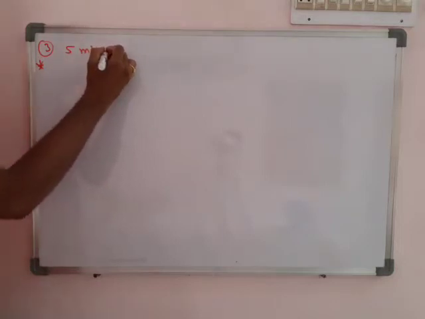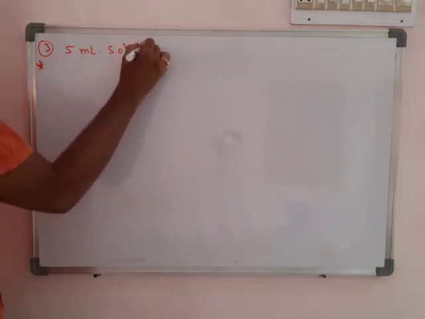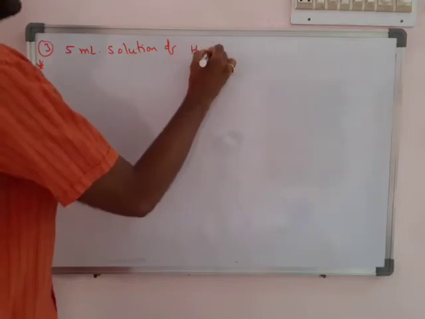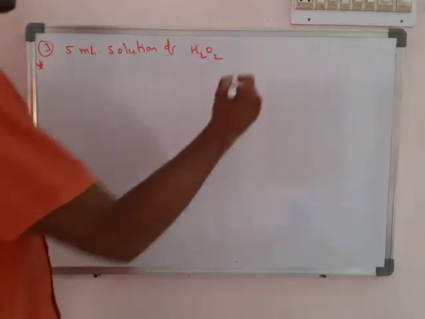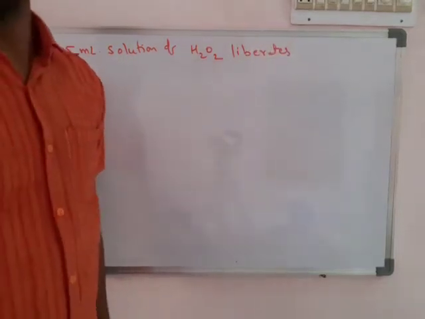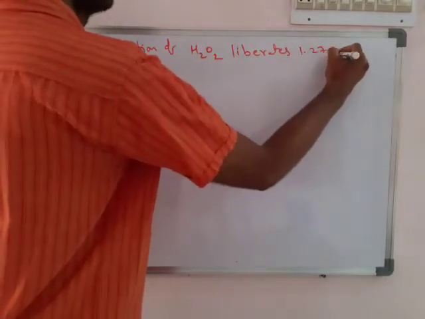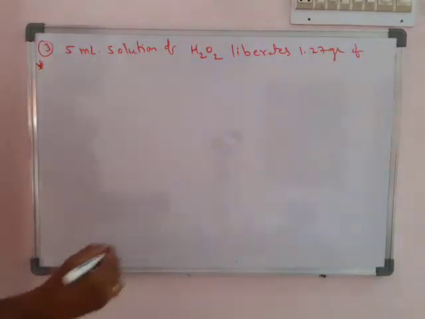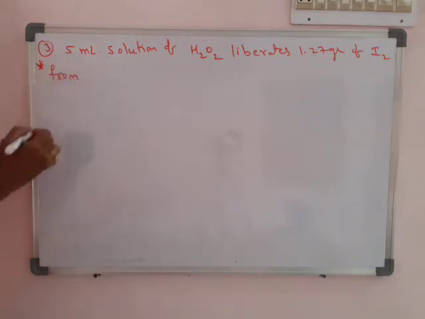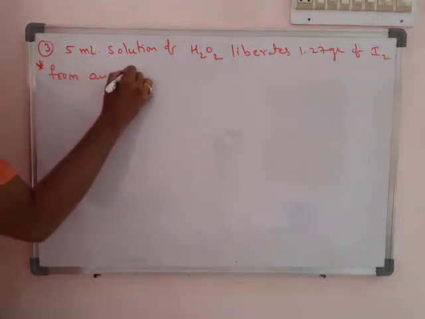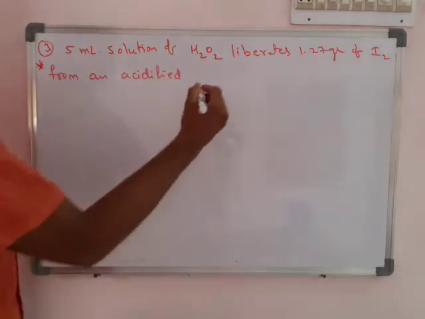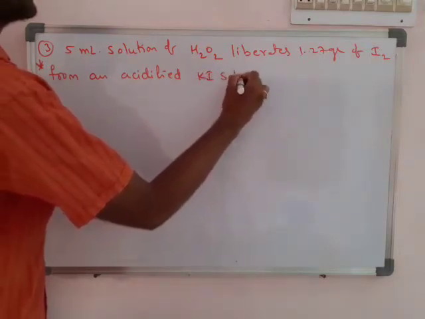Here, 5 milliliter solution of hydrogen peroxide liberates 1.27 gram of iodine from an acidified, which means it is given in acidic medium, potassium iodide solution.